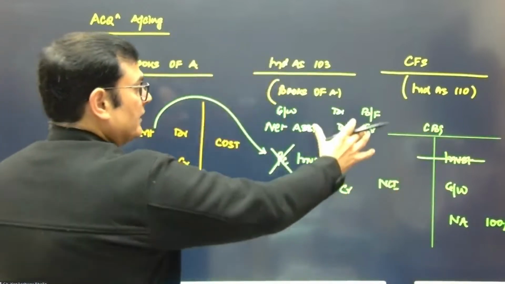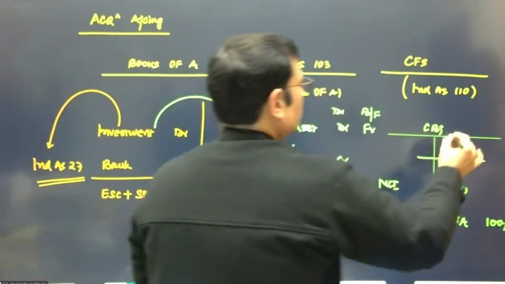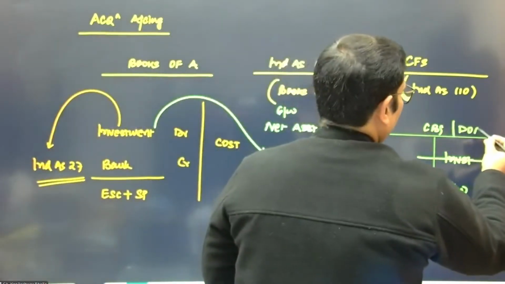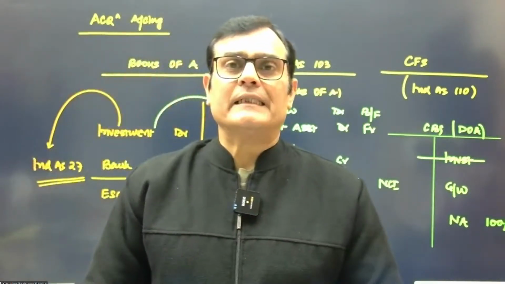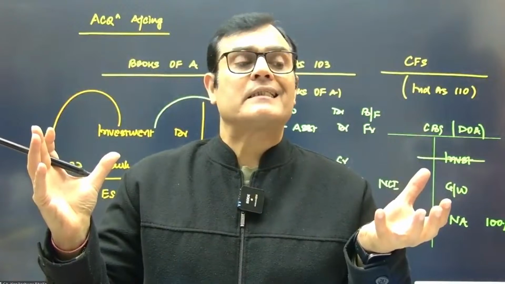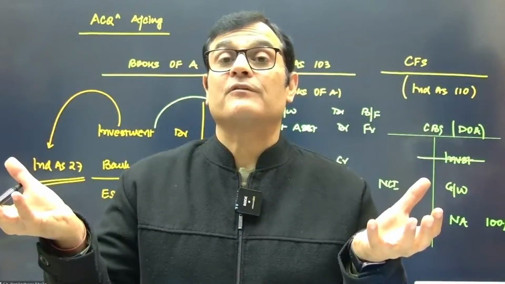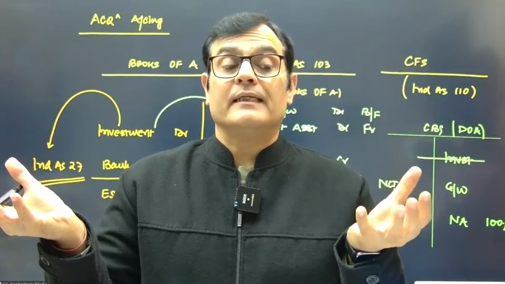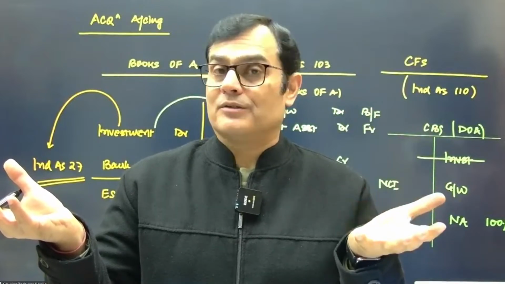So this entry is basically helping you to make a consolidated balance sheet as on the date of acquisition, which means Ind AS 103 acts as a bridge between Ind AS 27, separate financials of the holding company, and the consolidated financials of the parent company. In the separate financials, you've got investments appearing at cost.